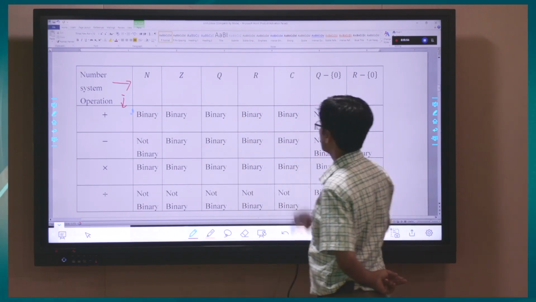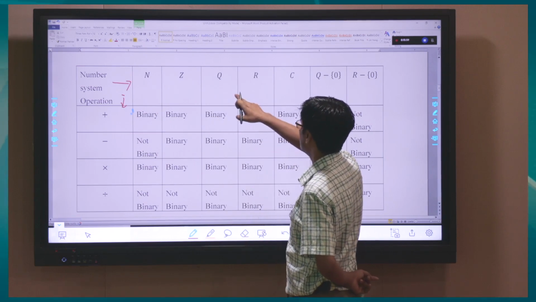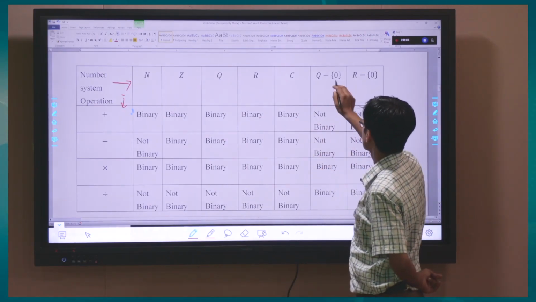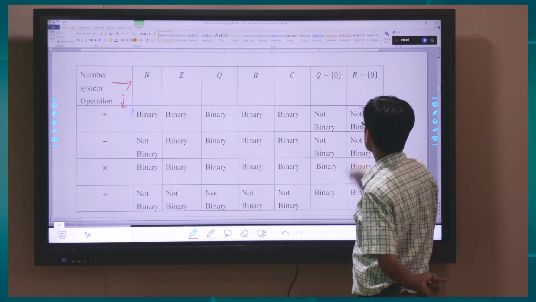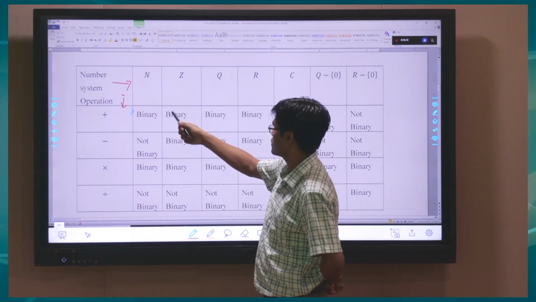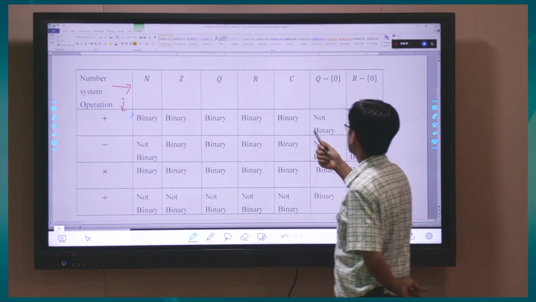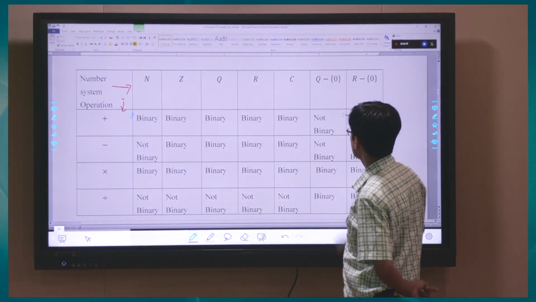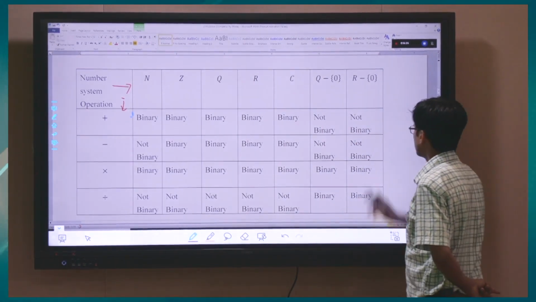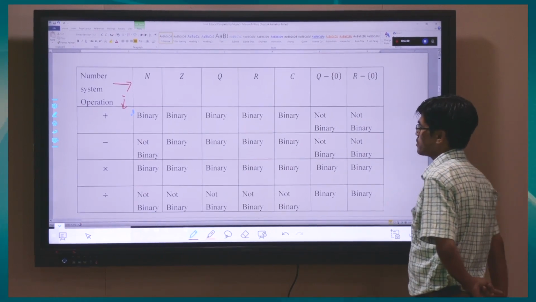And here we consider these number systems: N natural numbers, Z the set of integers, Q rational numbers, R real numbers, C complex numbers, and non-zero rational numbers and non-zero real numbers. So addition is a binary operation on N, Z, Q, R, C, but addition is not a binary operation on the set of non-zero real numbers.